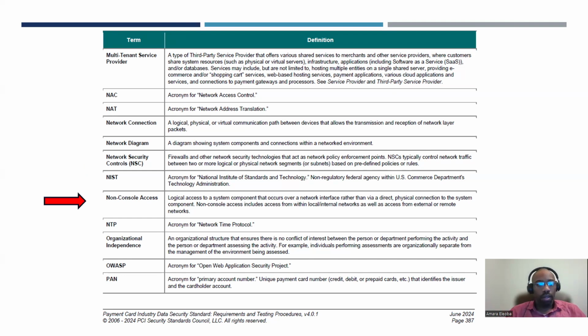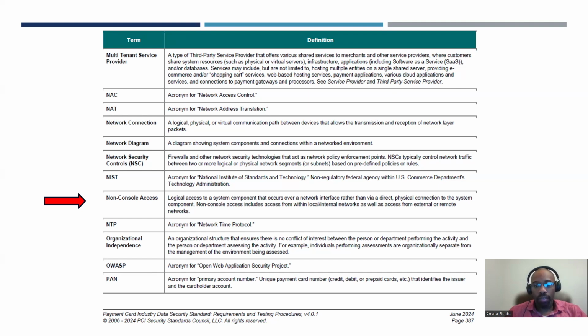Okay, then non-console access. What that means is that we have logical access to system components that occurs over a network interface.